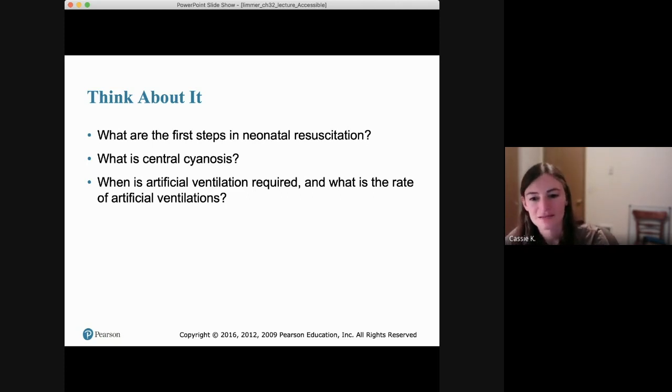Yep, assess the airway. So if their heart rate's between 60 and 100, what are we going to do? Yep, we'll provide artificial ventilations. If their heart rate is below 60, what are we going to start doing? Yep, CPR.